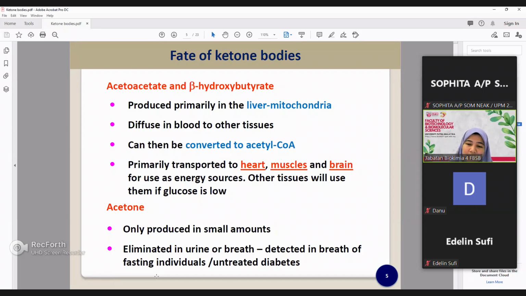In the peripheral tissues, these ketone bodies will be converted to acetyl-CoA for energy production. Apart from peripheral tissues, they are especially needed by organs like the heart, muscles, and brain for use as an energy source.